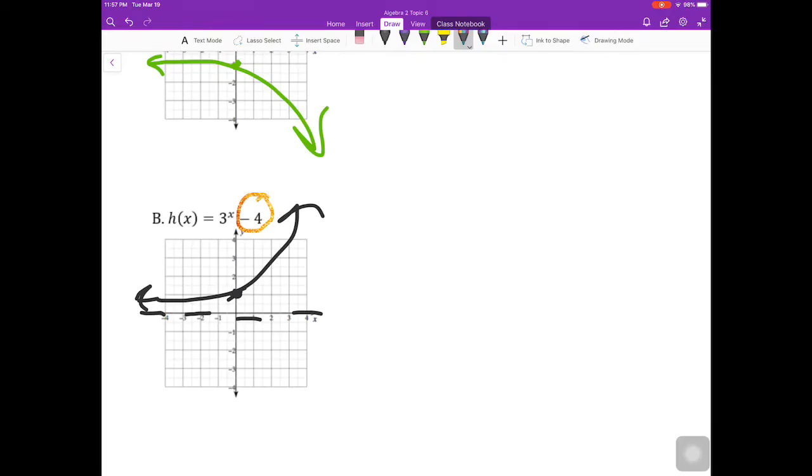And if you remember, anytime you throw a subtraction or an addition out away from the x, it moves your function vertically. So in this case, we're going to shift this whole function down 4. That's what that's going to mean for us.